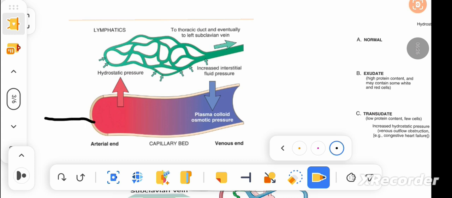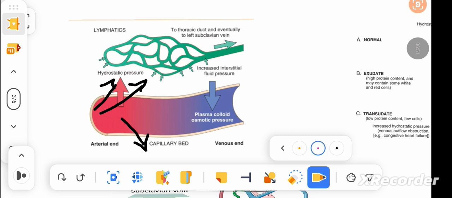So when blood comes from the heart via the arteries to the tissues, we have increased hydrostatic pressure. That increased hydrostatic pressure will start pushing water outside into the interstitium here. Okay, and then what happens? We are going to have a concentrated blood at the venous end due to the proteins. So the proteins are never filtered.